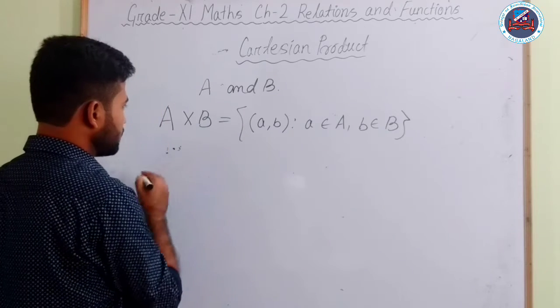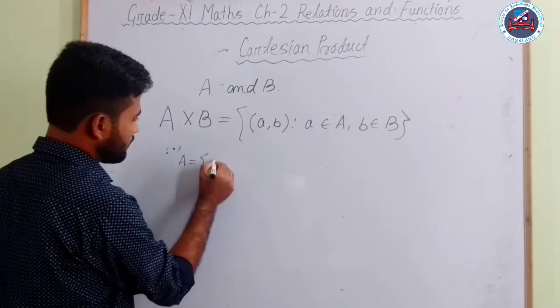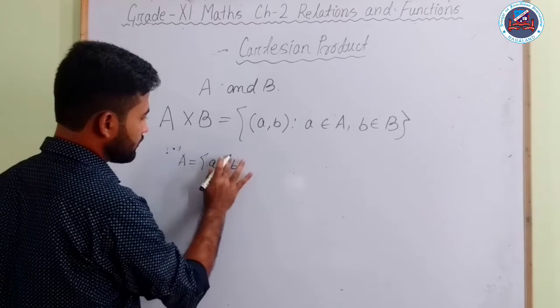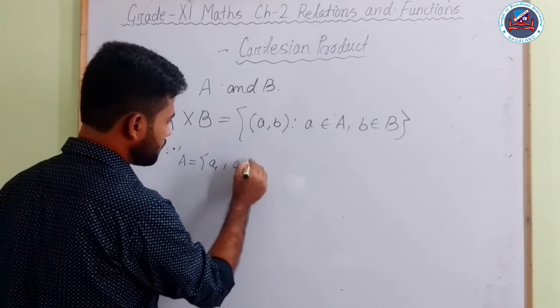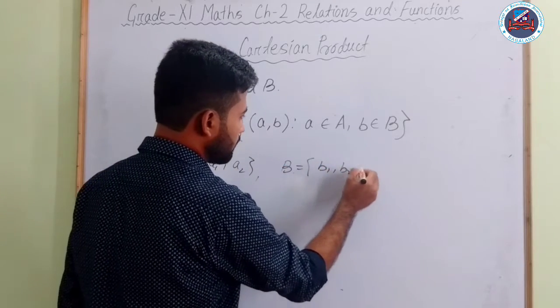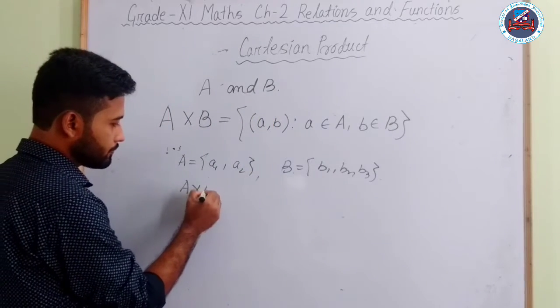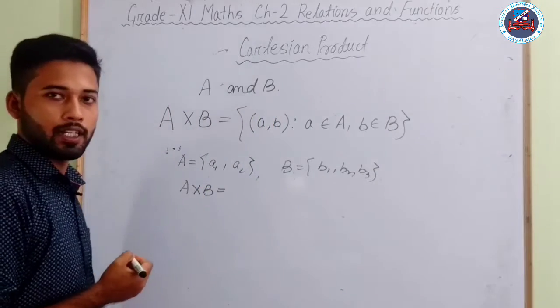Now, for example, if I take A equal to {a1, a2}, and B equal to {b1, b2, b3}, then what will be A cross B, the Cartesian product of A and B?